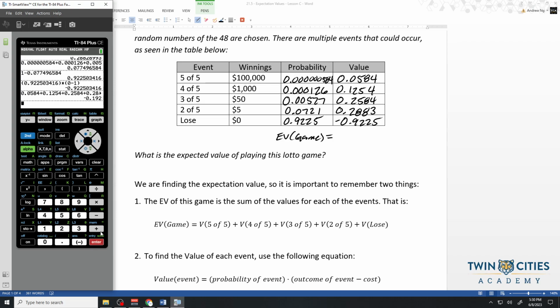The expected value of this game, assuming I've put that into the calculator correctly, is negative 0.192.